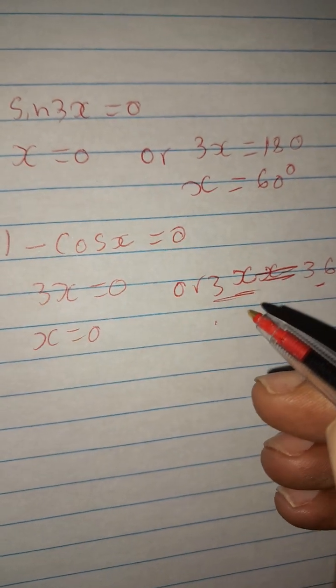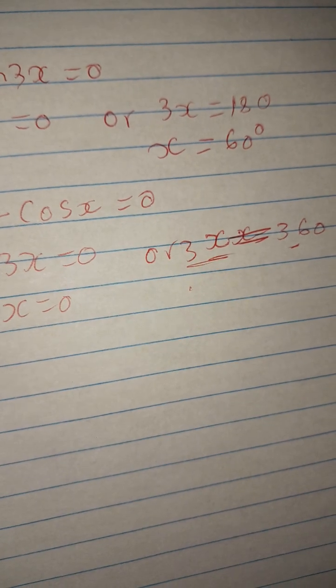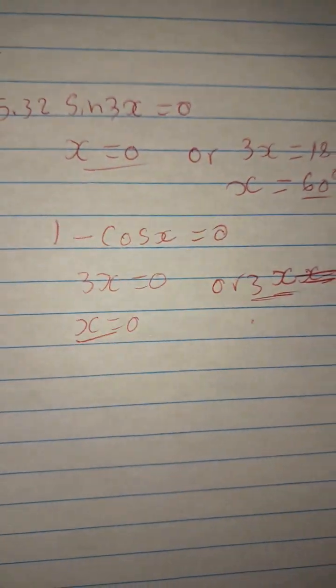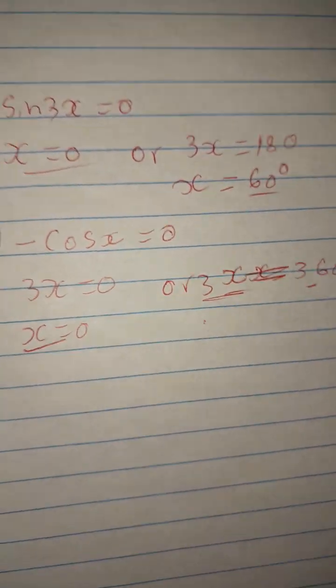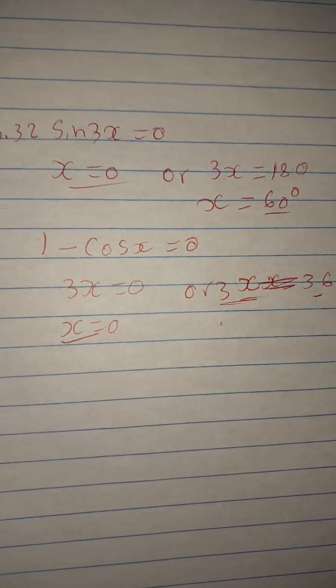But our restriction was saying that the interval for the values of x should be 0 to 360, so we'll focus on these as our solutions in this case. So that's how it should be, guys. That's how it should be.